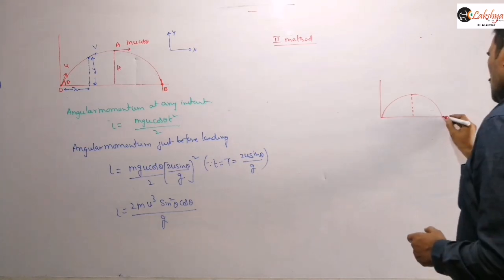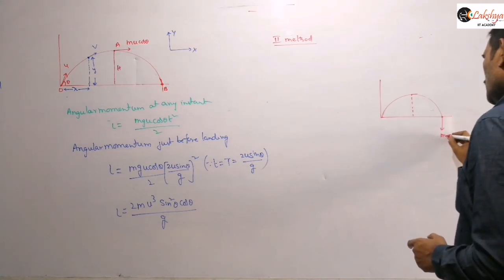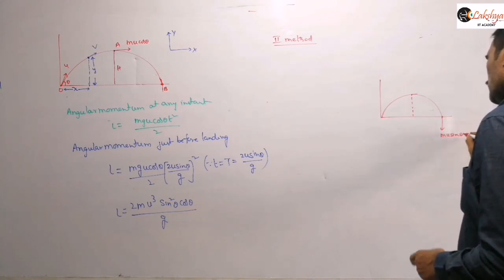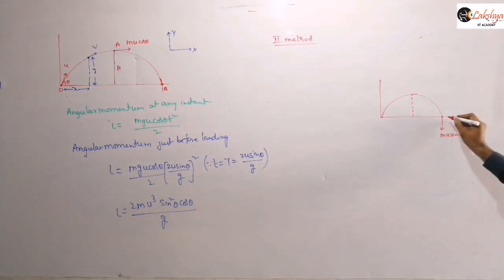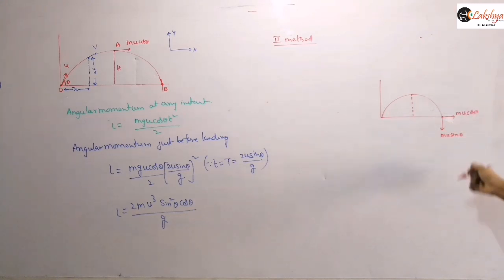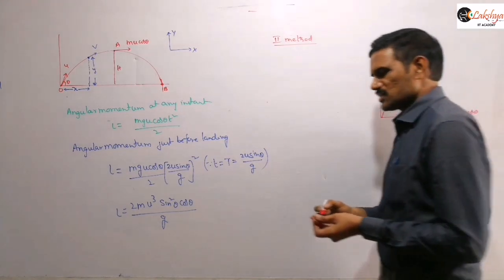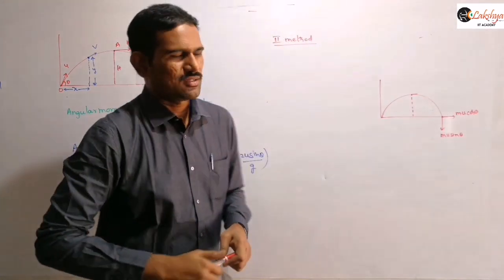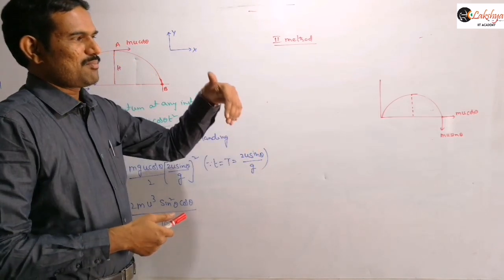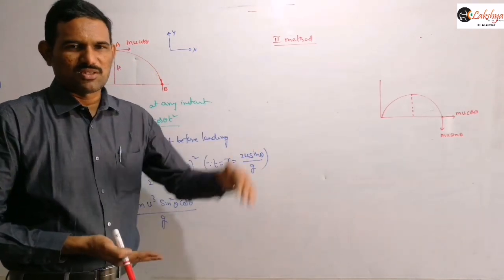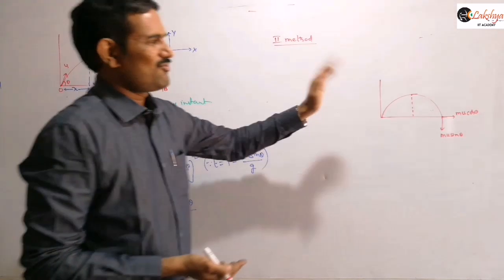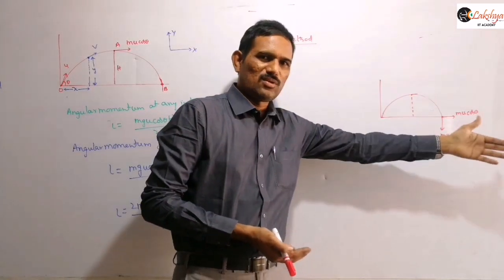One vertical component we can write is m u sin theta, along this direction, right? And the other, horizontal component, is m u cos theta, because we know when the particle reaches the ground, it reaches with the same magnitude of velocity components. Initially u sin theta was upwards and now it is downwards. That is the only difference.